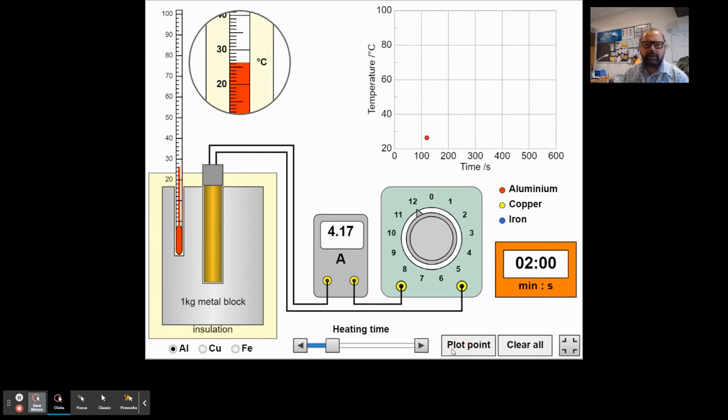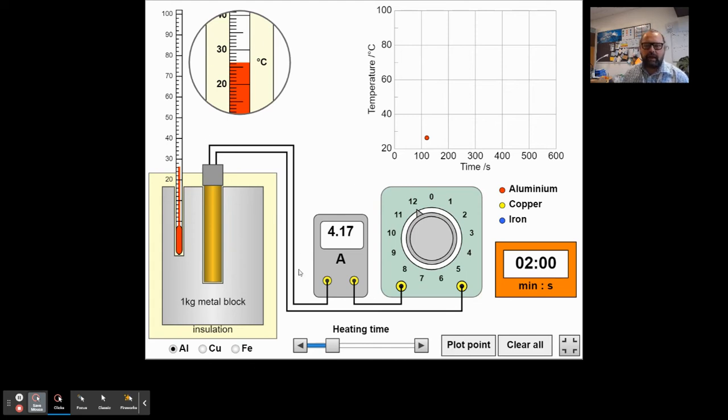Okay, and I could, if I wanted to, plot a point on the graph. Now with this information, I've got all the requirements to calculate the specific heat capacity for aluminium. Remember from the calculations videos, the equation: the energy transferred is mass multiplied by specific heat capacity multiplied by temperature change. So we've just measured the temperature change.